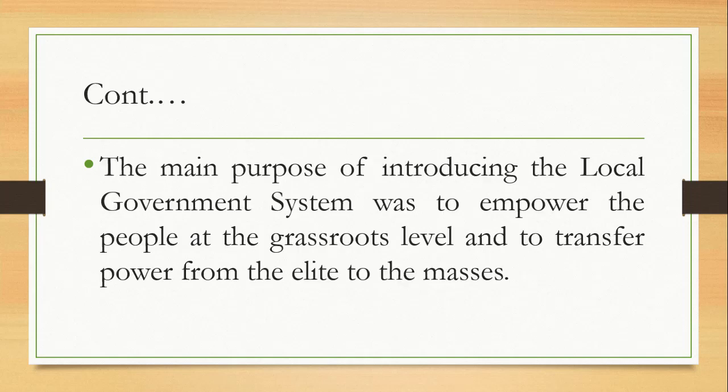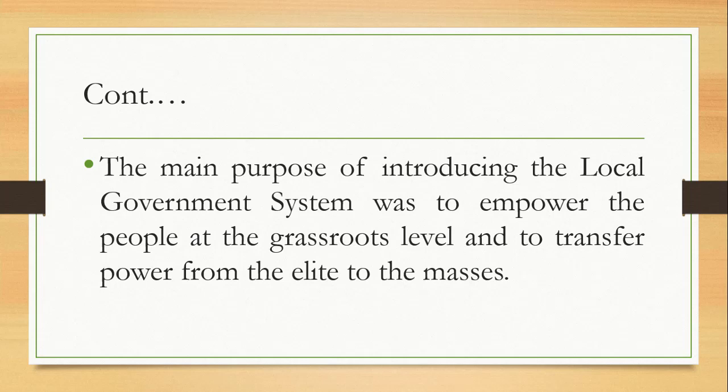The main purpose of introducing the local government system was to empower people at the grassroots level and to transfer power from the elite to the masses. This system of grassroots democracy envisaged young new political leaders. It was also anticipated to solve people's problems at the local level, allow public participation in decision making and ensure the provision of speedy justice.